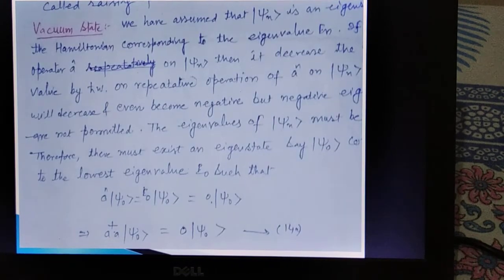Now, we can define the vacuum state for the simple harmonic oscillator. As we have already discussed, psi n is an eigenstate of the Hamiltonian operator H, and the operator A, when operating on the state psi n, reduces the energy eigenvalue by an amount h cross omega.